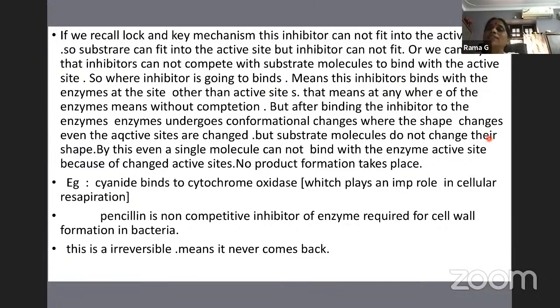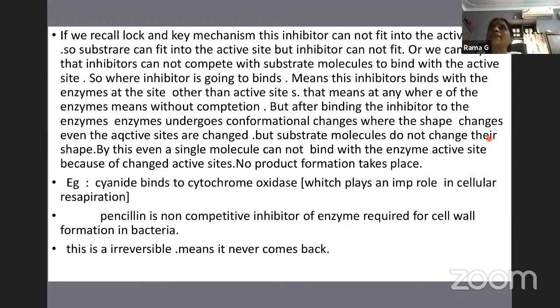For this reason, inhibitors occupy other sites of the enzyme. They cannot occupy the active sites. Other than the active sites, the inhibitors go and bind with the enzyme.